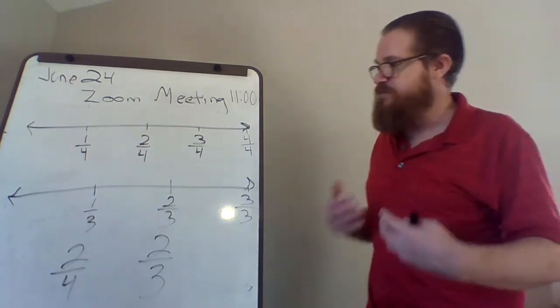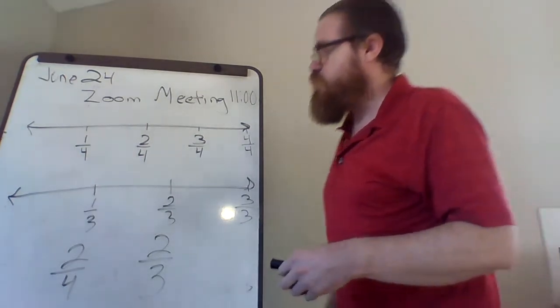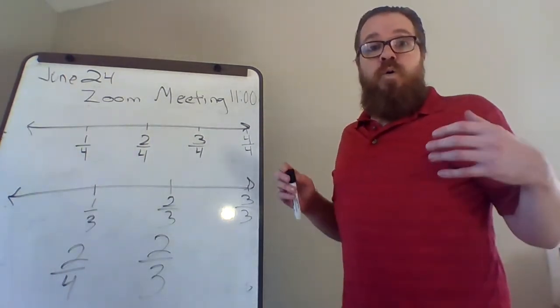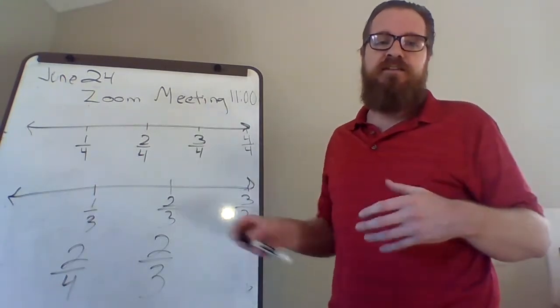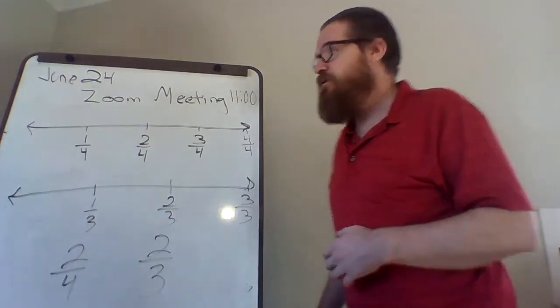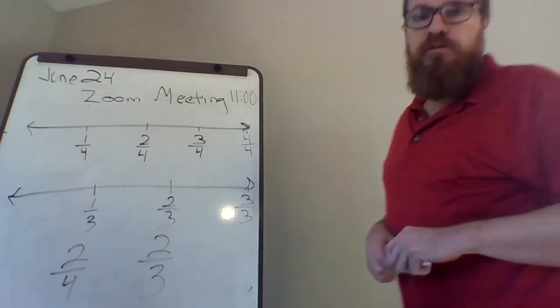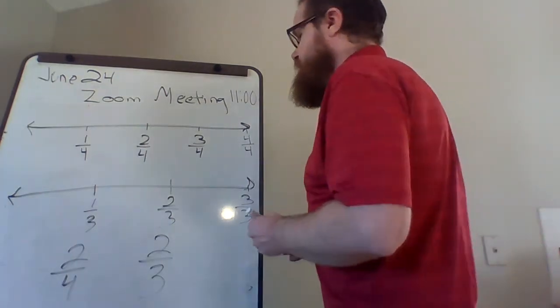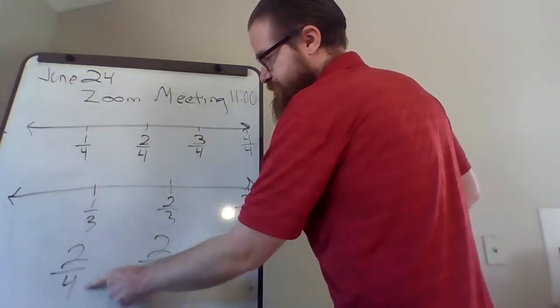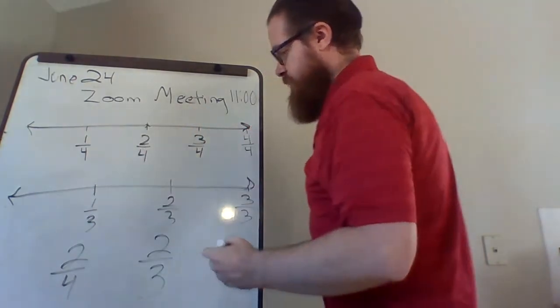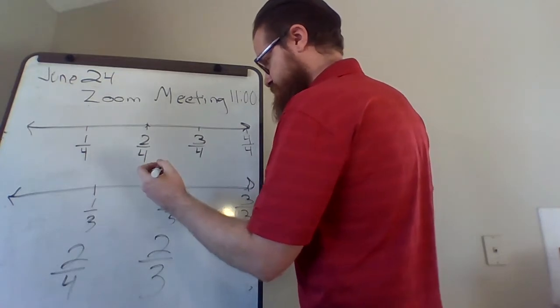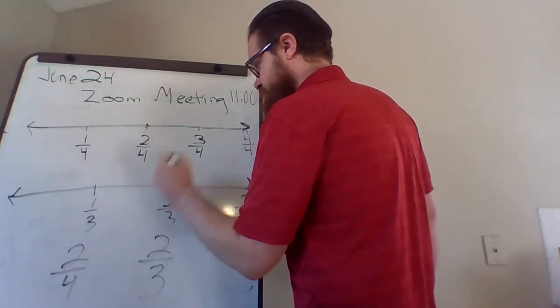Now that I've done that, if I want to compare fourths and thirds, or a particular fraction on each number line, I can just look and see where they are. So where is 3/4? Not 3/4, I'm sorry, 2/4 is right here. Let's put a little mark on it. And then here is 2/3.